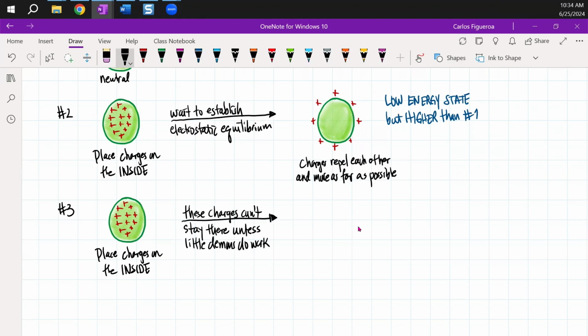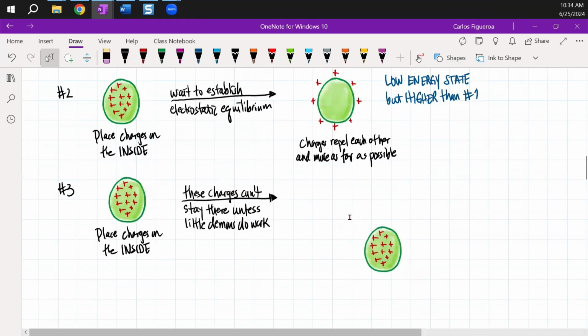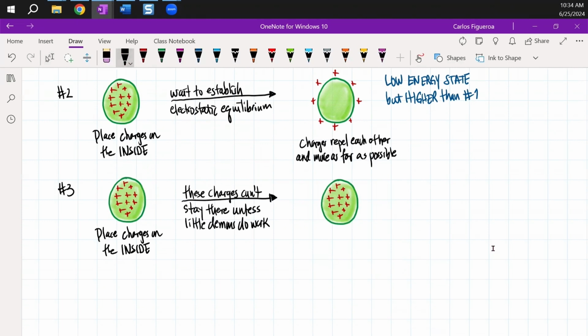So if I now look at this situation, I'm keeping all of my charges here, right? I'm trying to keep them. And the only way to keep them, because remember, they're repelling each other, is that I now have all these little demons pushing on these charges.